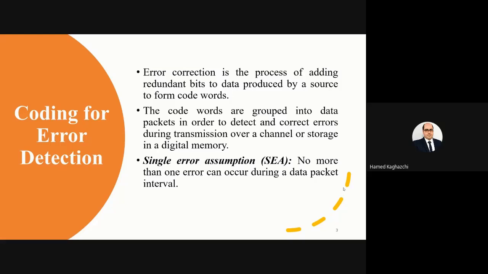Then we group these codes to create data packets. Now, using some methods, we can correct the error from the data packets. But in this course, we suppose that no more than one error occurs during a data packet interval. Actually, we suppose that we have only a single error assumption.